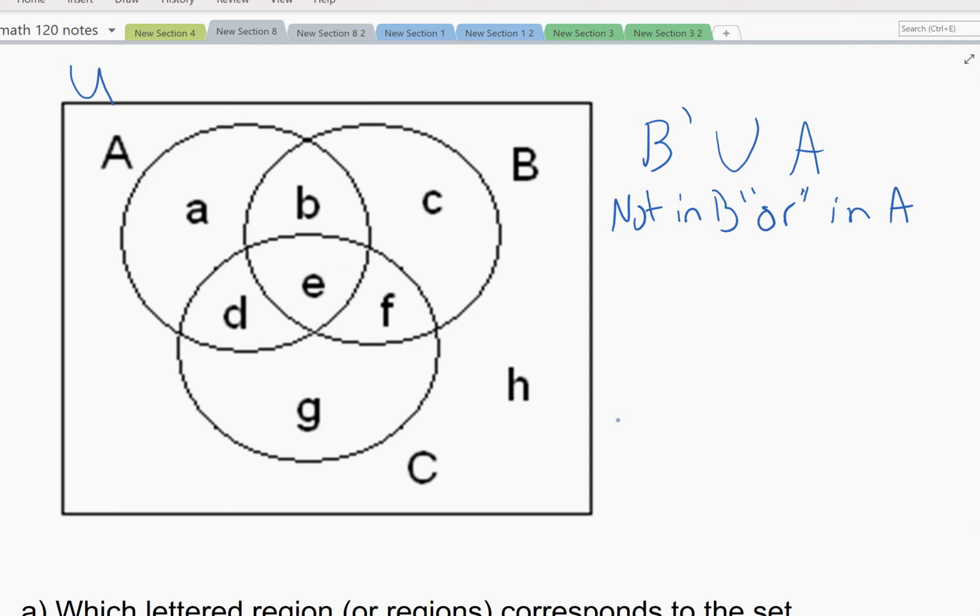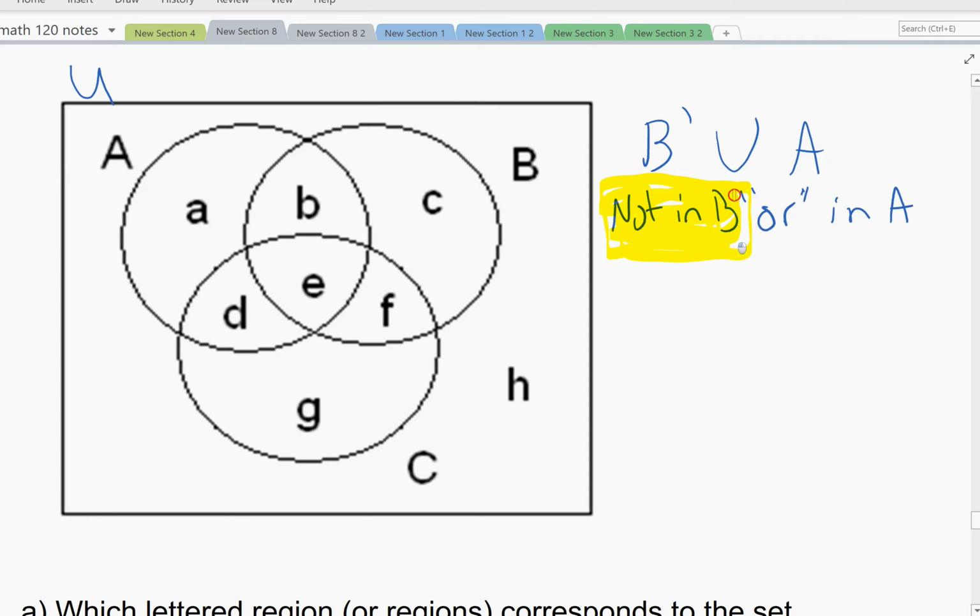I'm actually going to use some highlighters so that we get used to Venn diagrams. Highlighters or colored pencils when you're doing this might not be a bad idea, especially when we get to the next few sets where we're going to draw out some stuff. So I'm going to highlight everything that's not in B in this yellow.